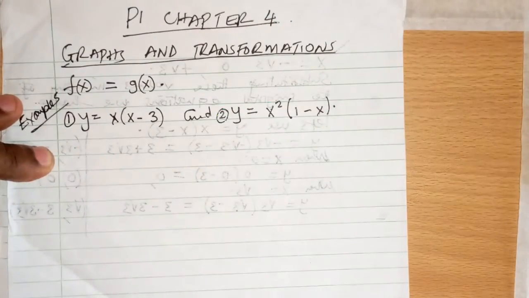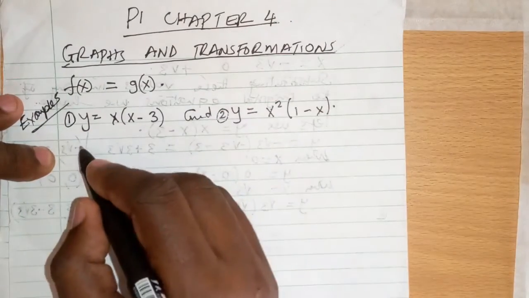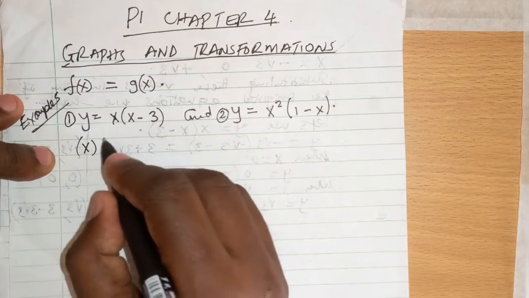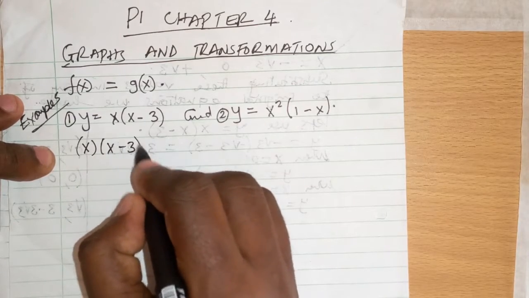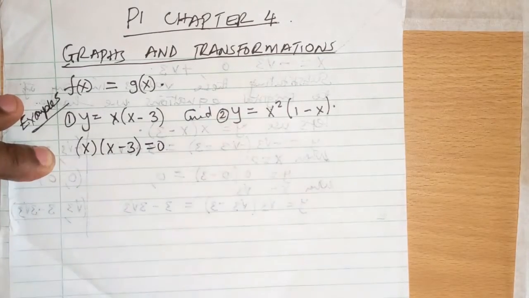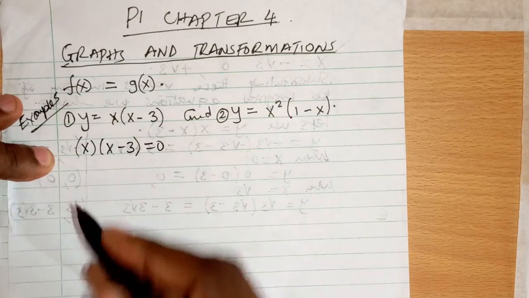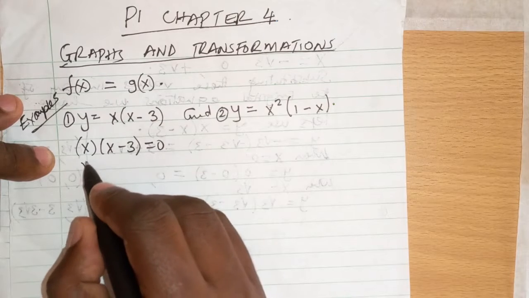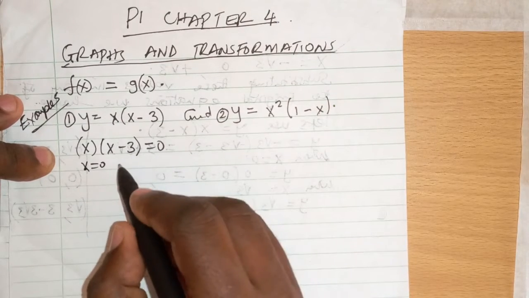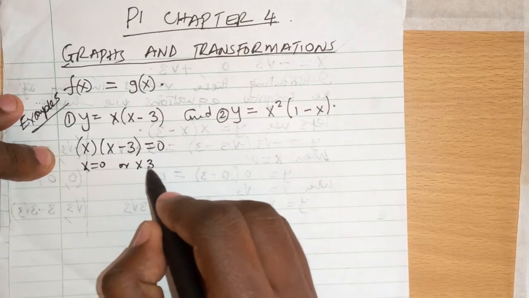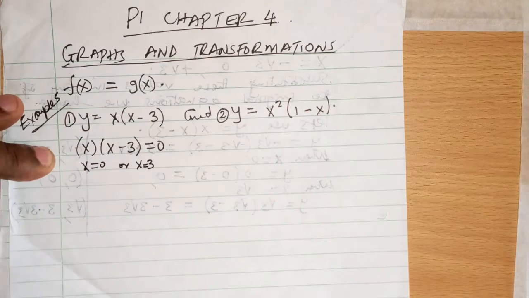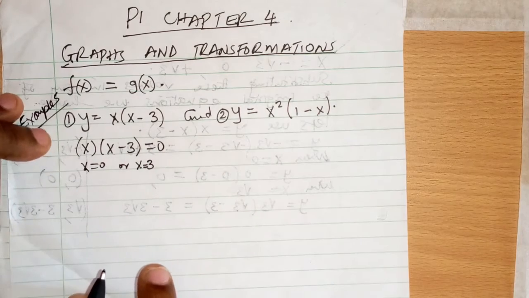Let's start with graph 1. If we concentrate on x(x − 3) being equal to 0, in an attempt to look for the critical values, you realize that x is equal to 0 or x is equal to 3. Those are the critical values.